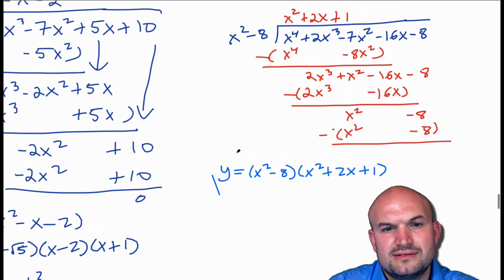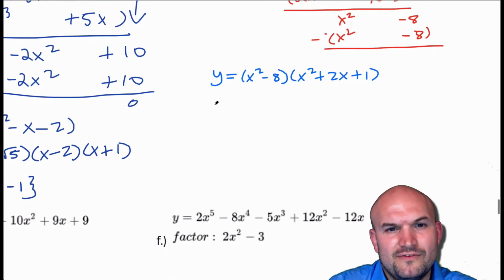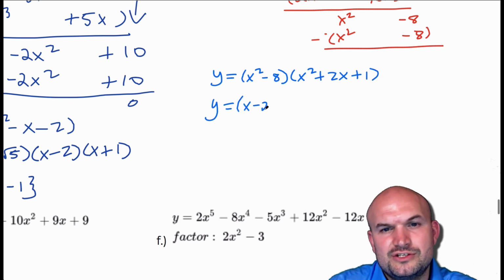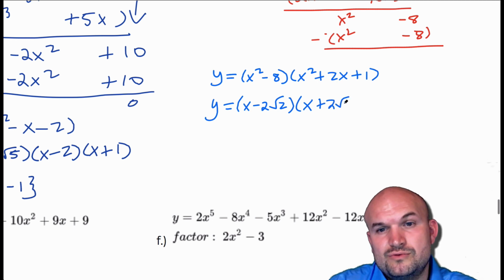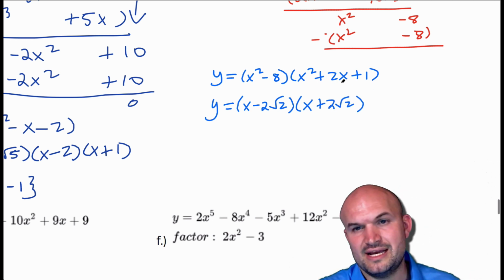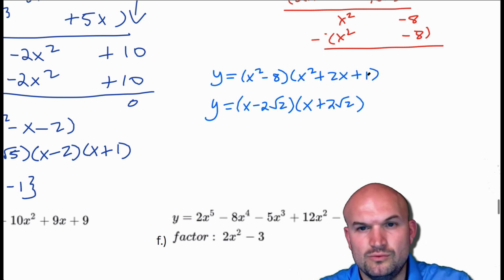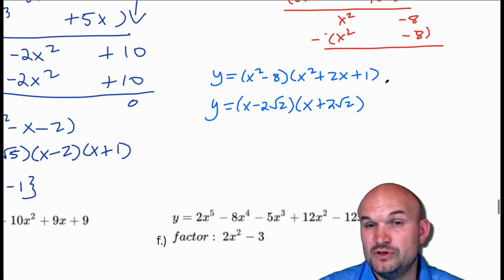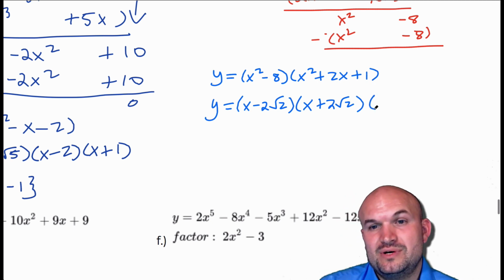So I'd have y equals x minus 2 square root of 2, and x plus 2 square root of 2. This is saying what two numbers multiplied give you 1 and add to give you 2. Hopefully you understand that's x plus 1 times x plus 1, so it's x plus 1 squared.